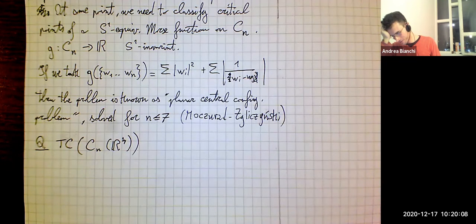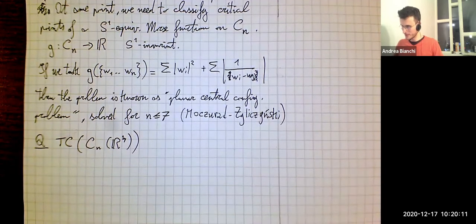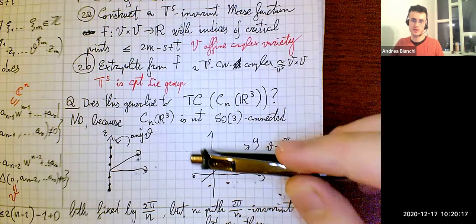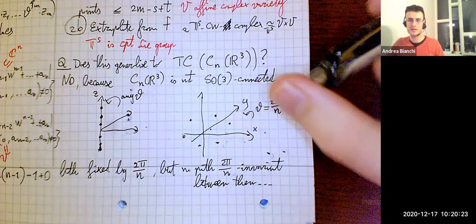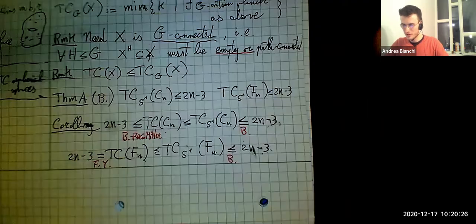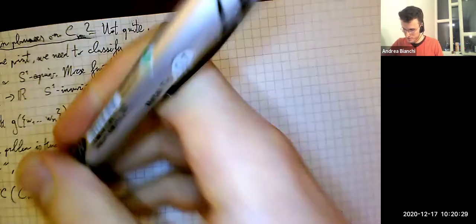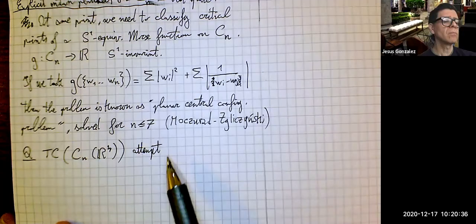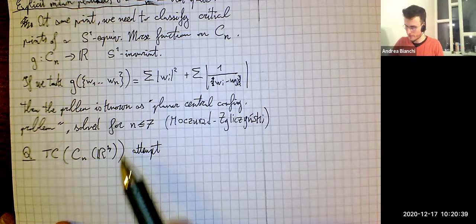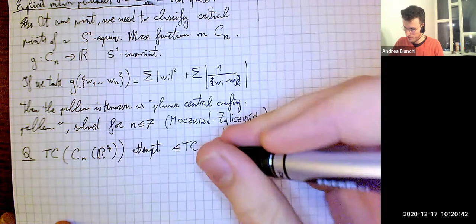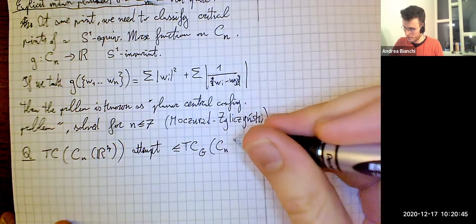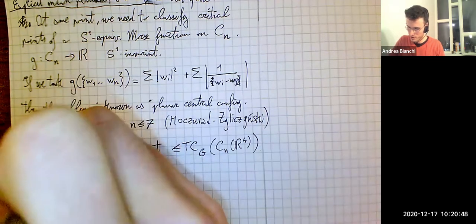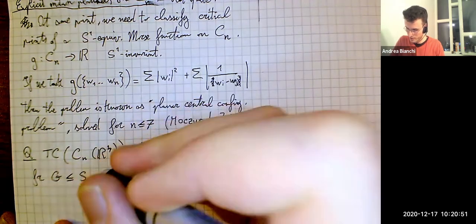I also thought about this, but the entire strategy is to try to bound this topological complexity from above with something like the equivariant topological complexity of Cn of R4 for G being a subgroup of the Lie group SO4.